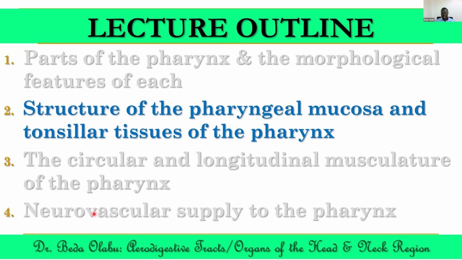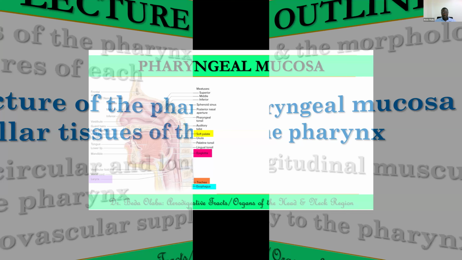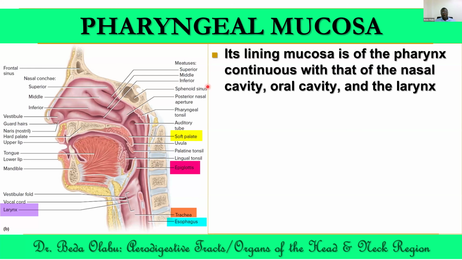Now we can look at the structure of the pharyngeal mucosa, as well as the tonsillar tissues of the pharynx. So the pharyngeal mucosa is the mucosa that lines the pharynx, basically.